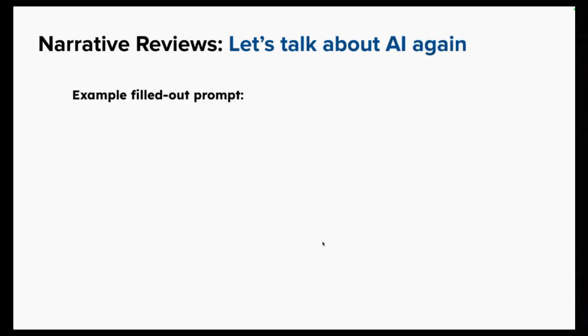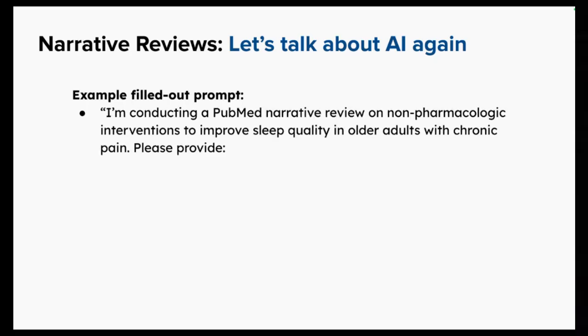So here's an example of a filled out prompt. I'm conducting a PubMed narrative review. It's important to include the specific database that you're looking at. I know we have a slide coming up on the different databases that are usually quite good ones. It'll be in this lecture deck to refer back to.